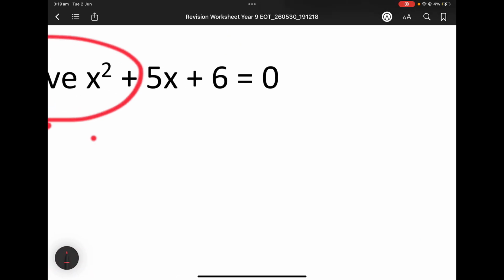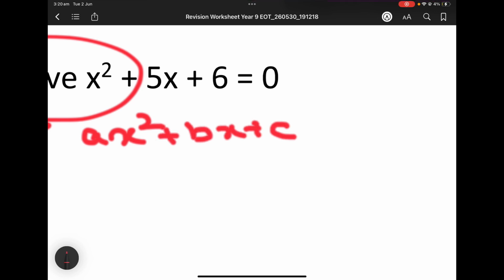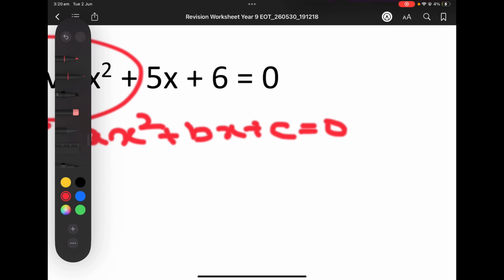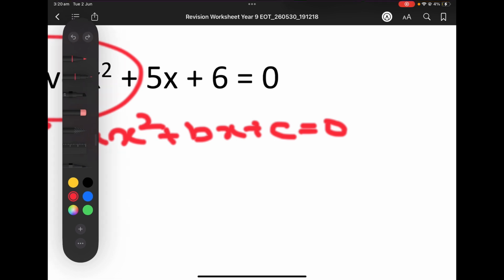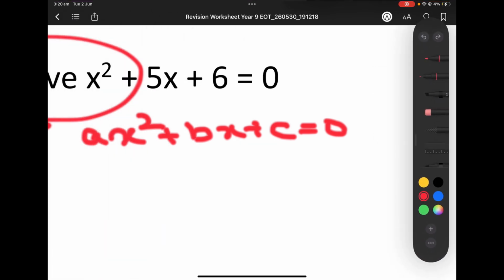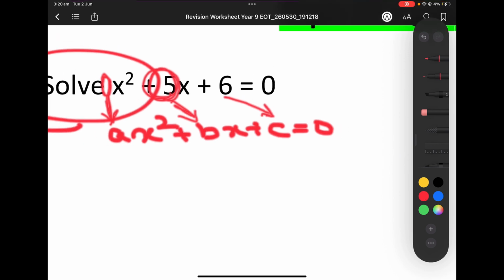Assume that it is in the form of ax² + bx + c = 0. Whatever is in front of your x² is your a, whatever is in front of your x is your b, and whatever is the constant term is your c.